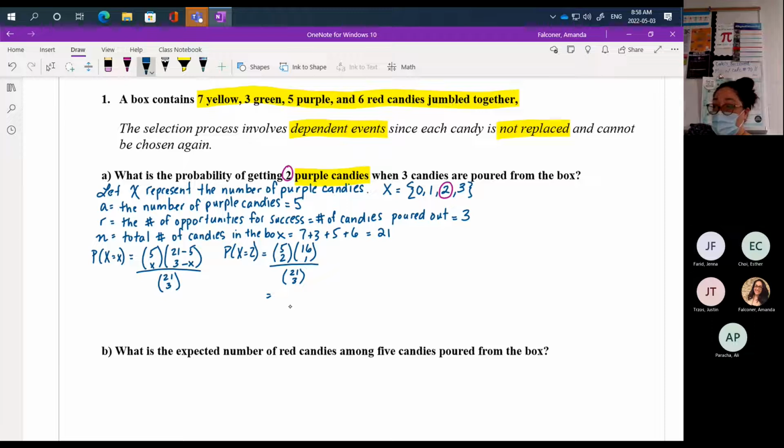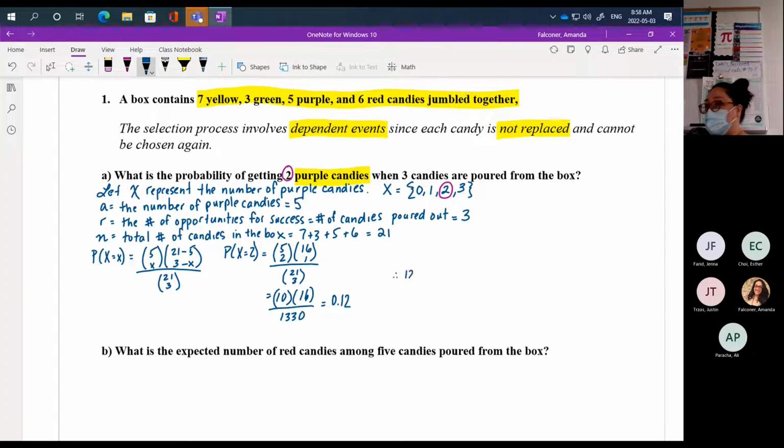So when we figure out what our combinations are, we get 10 for 5 choose 2. We get 16 for 16 choose 1. And then in the denominator, we get 21 choose 3 is 1,330. And then we're going to multiply 160 over 1,330, and we get 0.12.